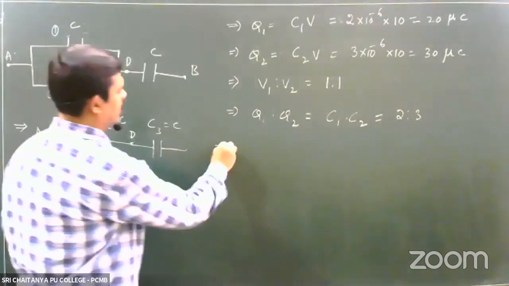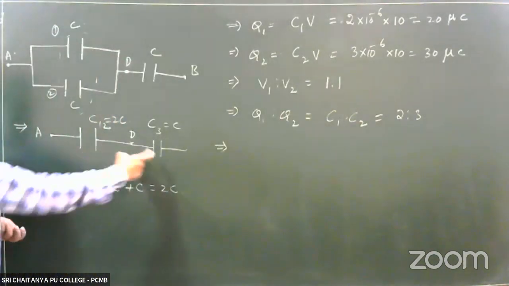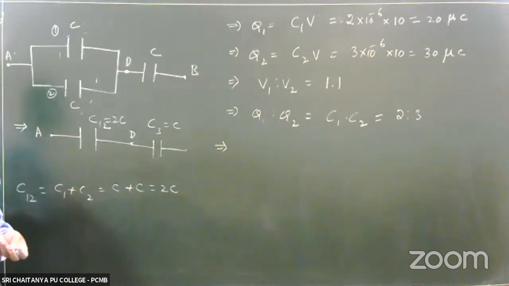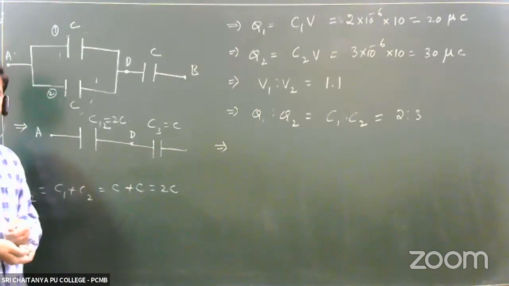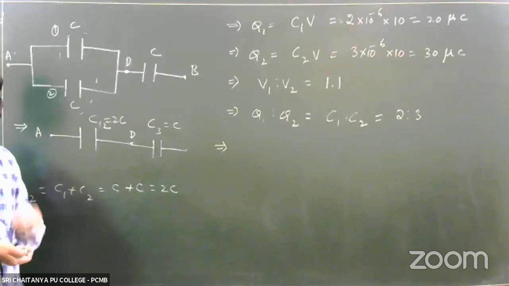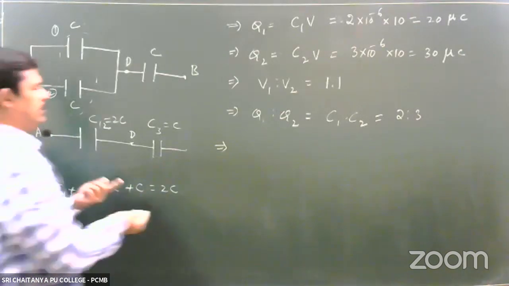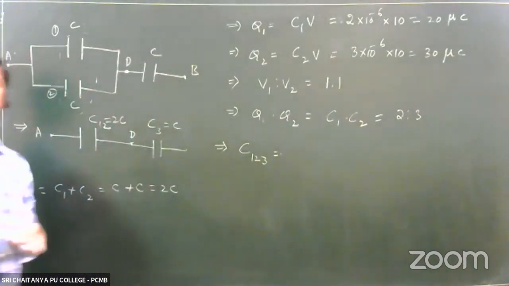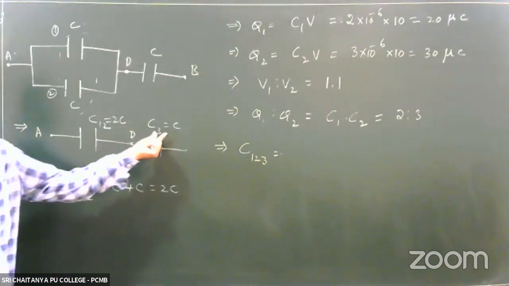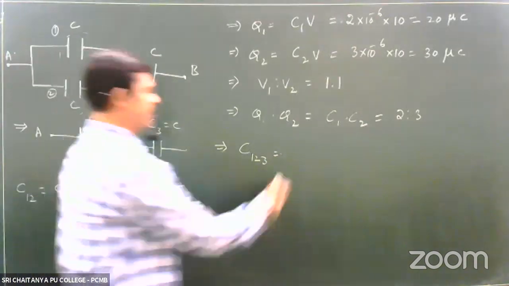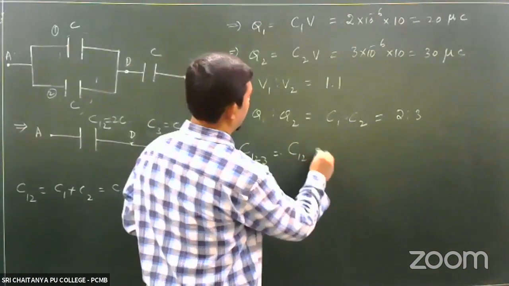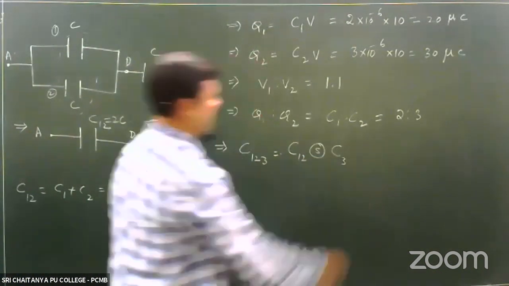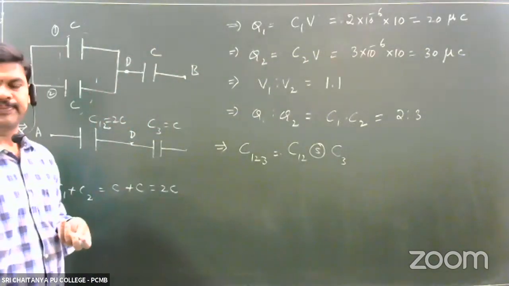This is equal to what? How these two are? Series. When capacitors are in series, C123. C12 is in series with C3. Like this you can write if you want.